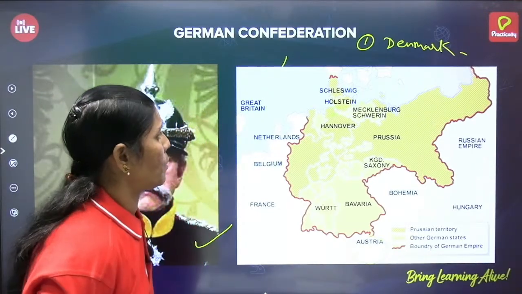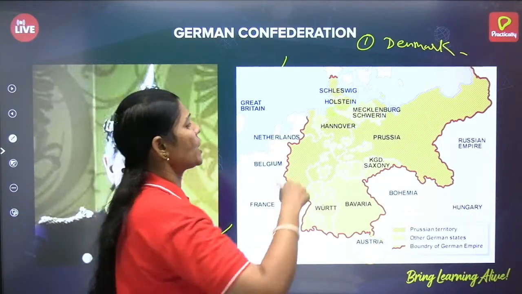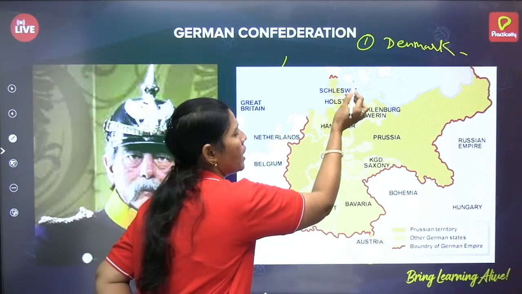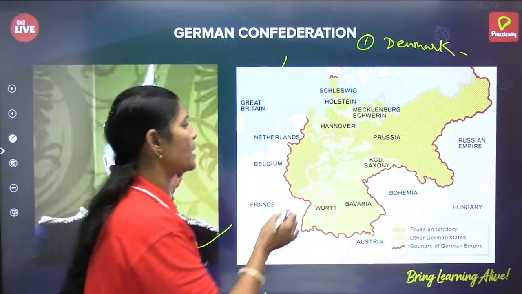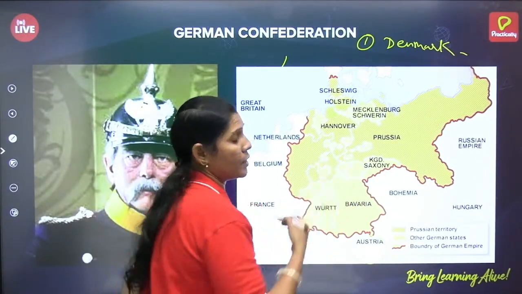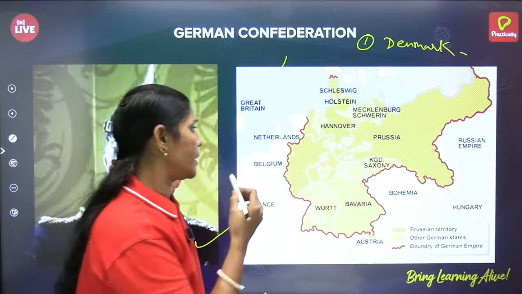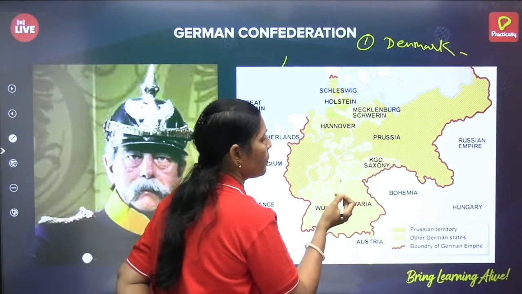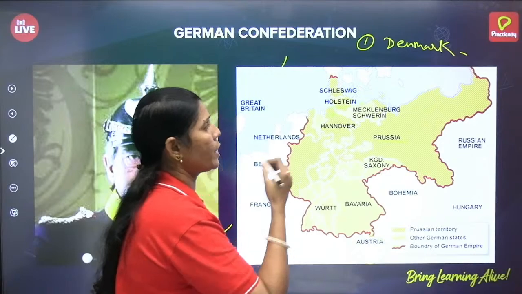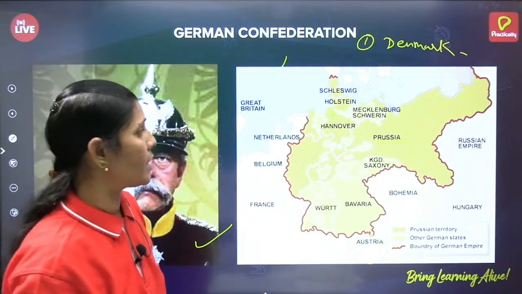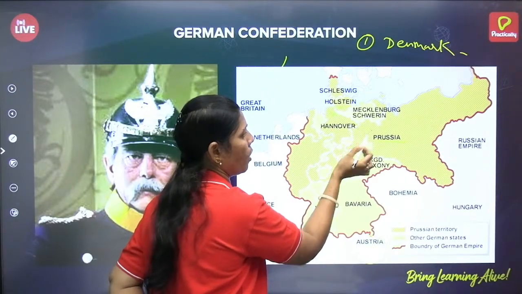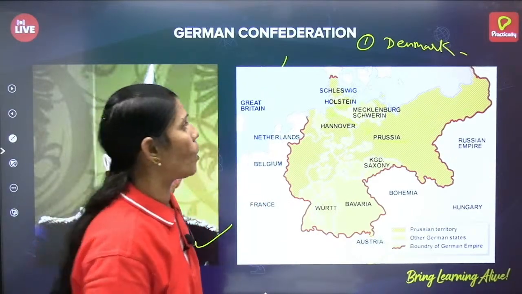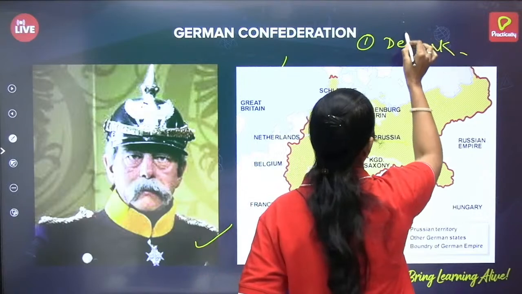The Danish ruler tried to take control of Schleswig and Holstein. When this became known to the German Diet, Prussia proved that Denmark was trying to take control of Schleswig and Holstein. Denmark got angry with Prussia and declared war on it. That's war number one, the Prussia-Denmark war.